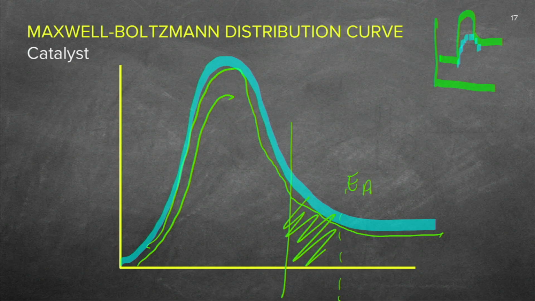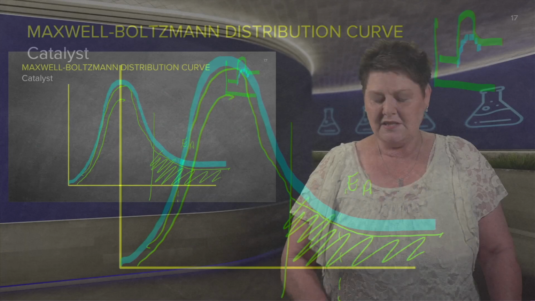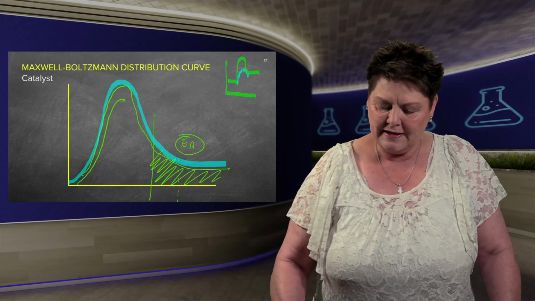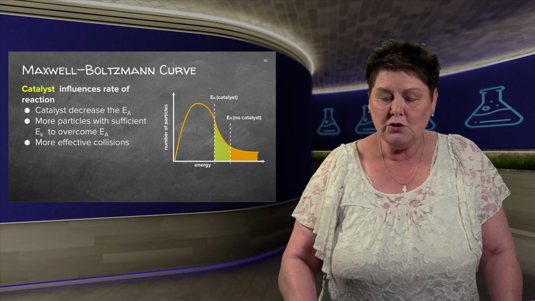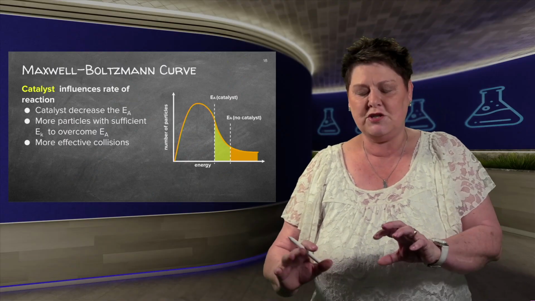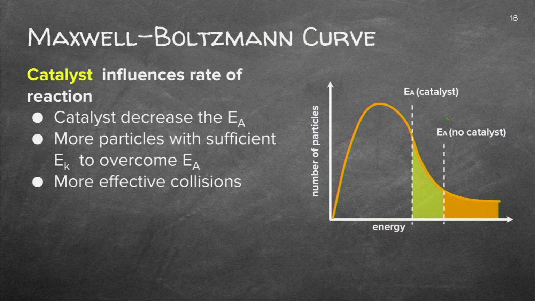So more particles can participate because they have enough energy. Guys, you need to know concentration, temperature, catalyst. And you can see here, it changed the activation energy from there to there because I'm using the catalyst.